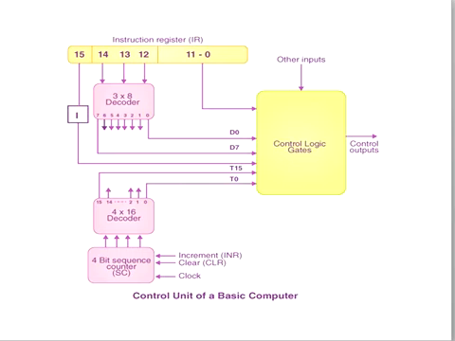Those 12 bits are also passed as input to the control logic gates. And the indirect bit, the 15th bit, is transferred to one flip-flop, and this bit is also passed to the control logic gates.